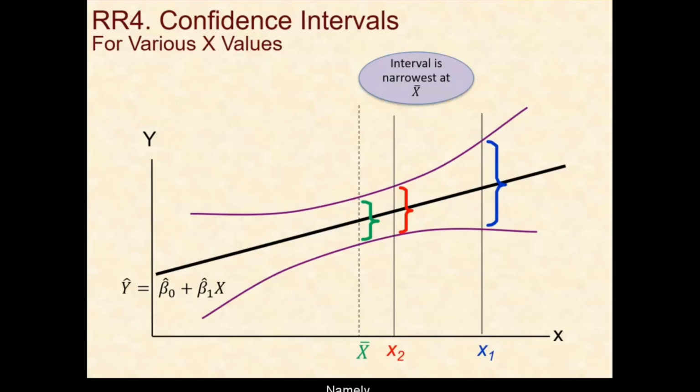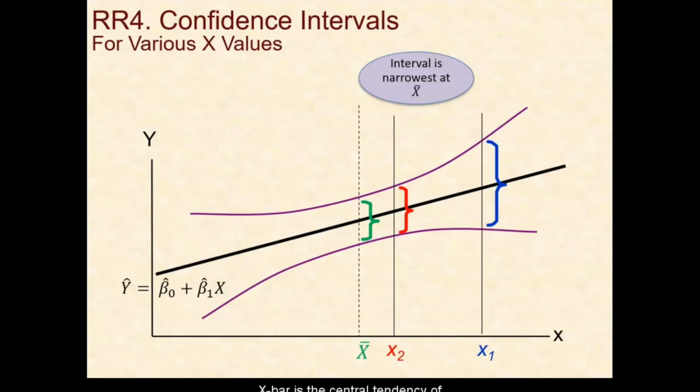Namely, the confidence intervals are narrowest when estimating mu of y at x bar, and the intervals get wider as we estimate mu of y further away from x bar. Thus, the interval estimate of the process mean of y is most precise, narrowest, at the sample mean x bar. When we're trying to estimate the process mean of y further from x bar, we have less precision.